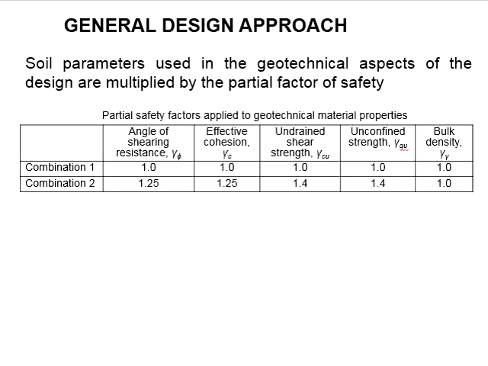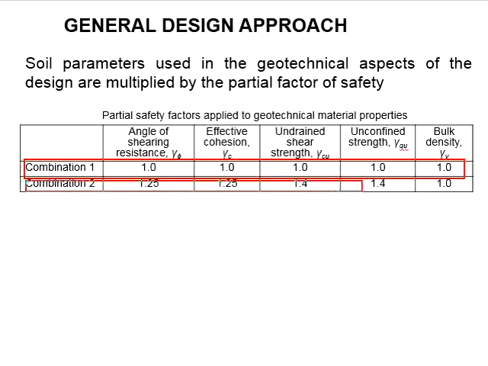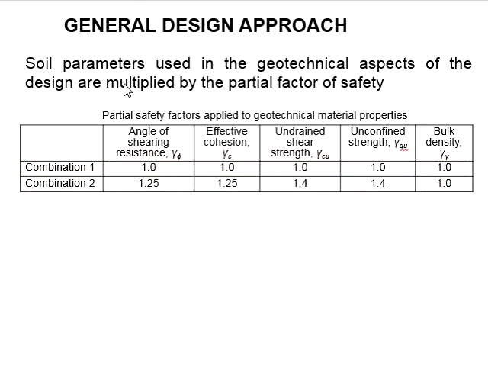Each soil parameter in the geotechnical aspect of the design is multiplied by the partial factor of safety as given here. There are two combinations here, combination 1 and combination 2.